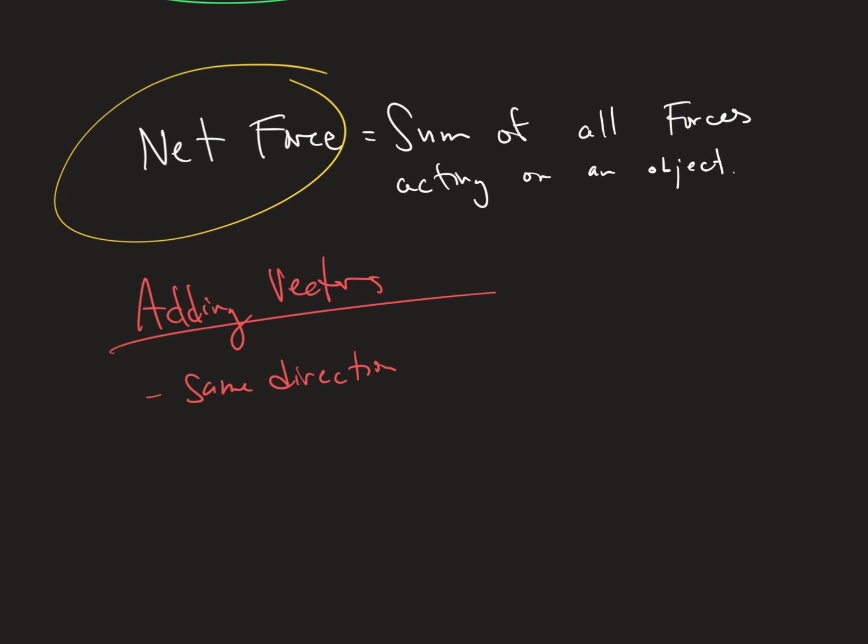Let's say we push it, 5 newtons, 5 newtons. How much force is acting on this now? 10. What's the net force? 10, right? Kind of. We'll get there, okay? Because there's another force that we're not talking about. What is it? Friction, right? Okay. But if there's 0 friction, I push on it with 5, and Rhea pushes on it with 5, then what's the net force acting on this object? 10. You with me? So when we're in the same direction, we add them.